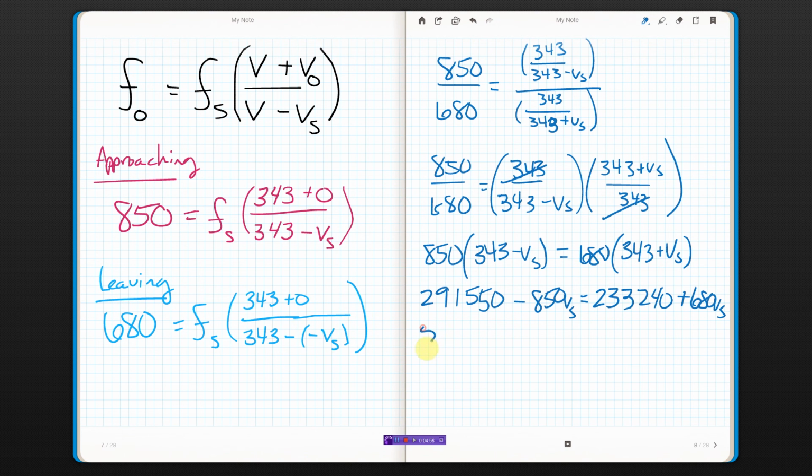And that gives me 58,310 equals 680 plus 850, so equals 1530 Vs. And divide by 1530, and we get that Vs is 38.1 meters per second, which I only really gave 2 sig figs, so we should just do 38 meters per second. Alright, let me know if I did that wrong.